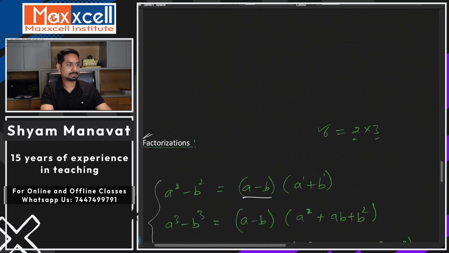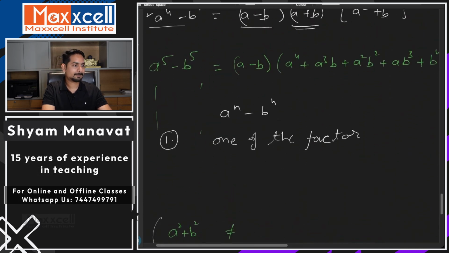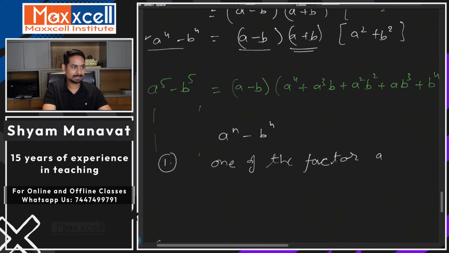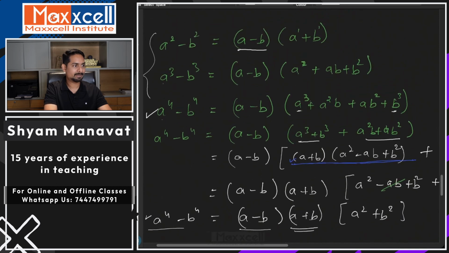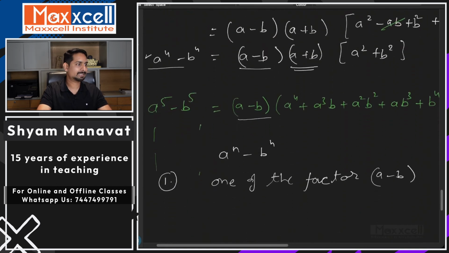Like for example, 2 and 3 are factors of 6, 2 into 3, that's how we factorize. That means 6 is divisible by 2 or 3, right? So one of the factors here is a minus b. Always, you can see you have a minus b, a minus b, a minus b, so a minus b is always one of the factors, right?